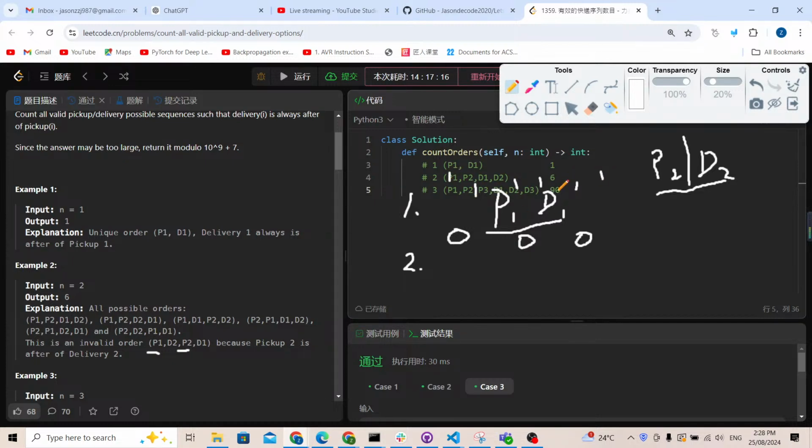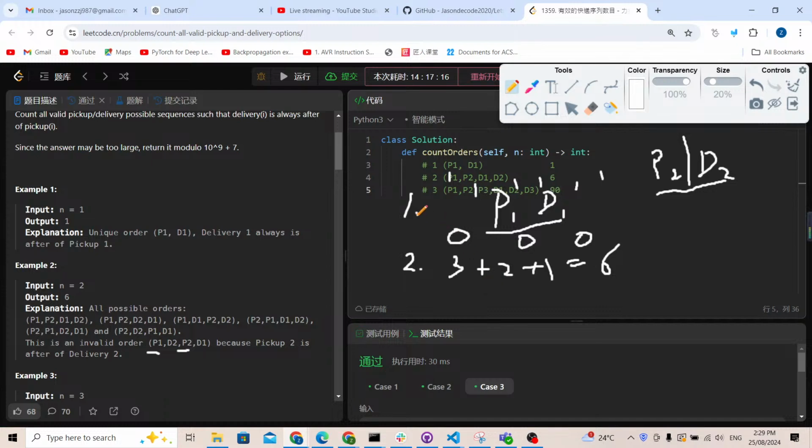So there are also 3 positions. In total there are 6 positions: 3 plus 3 is 6. This is also 3 plus 2 plus 1, which equals 6. Normally we get this kind of formula to solve the problem.